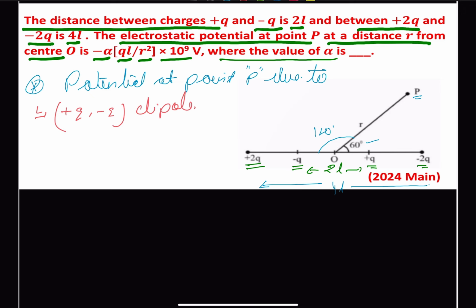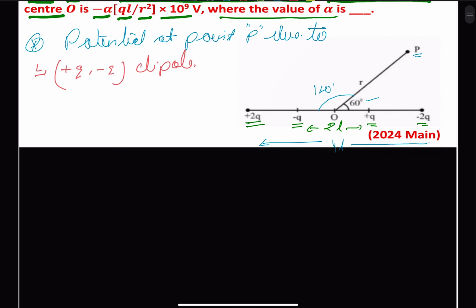Let us call that potential as Vq, and this Vq is K P cos theta divided by radius square.